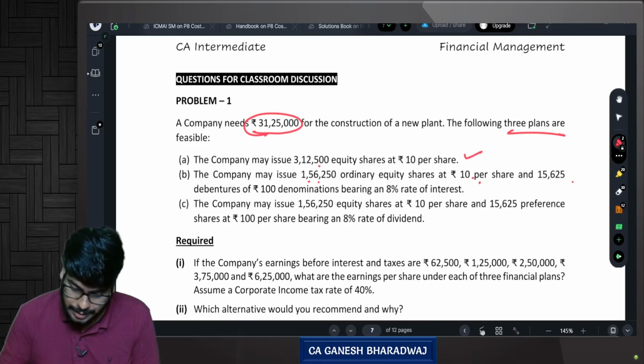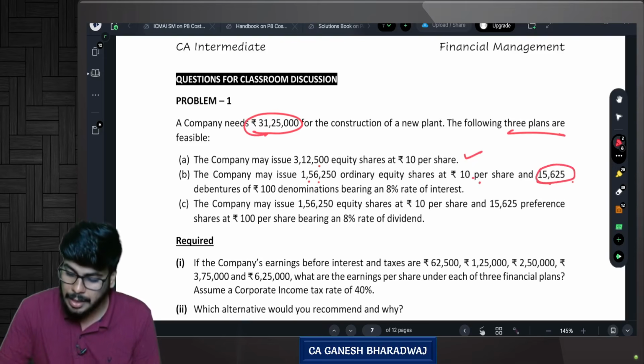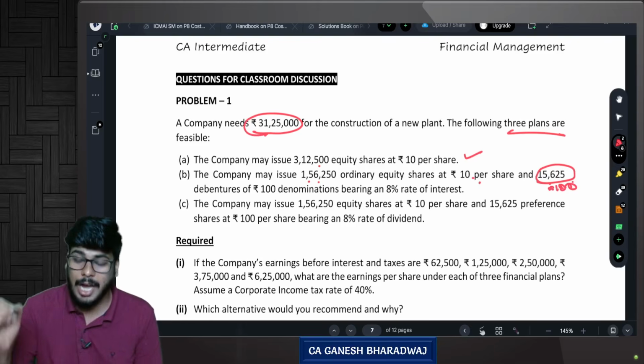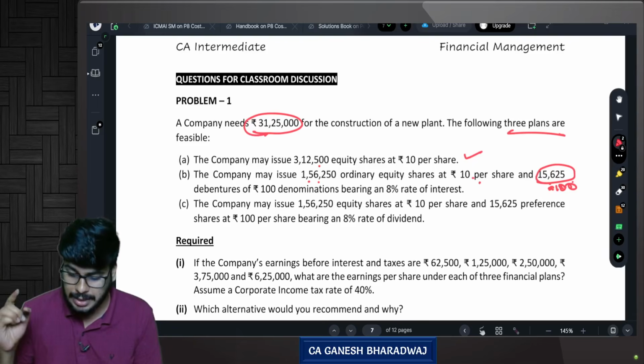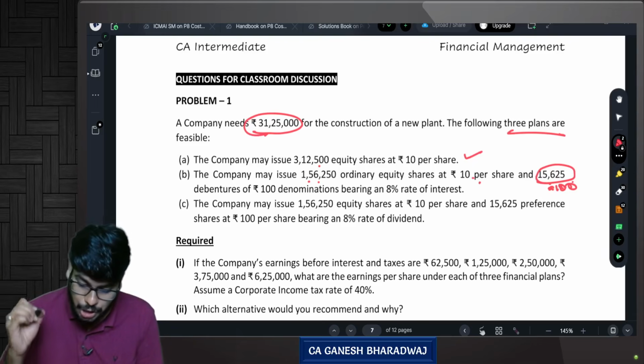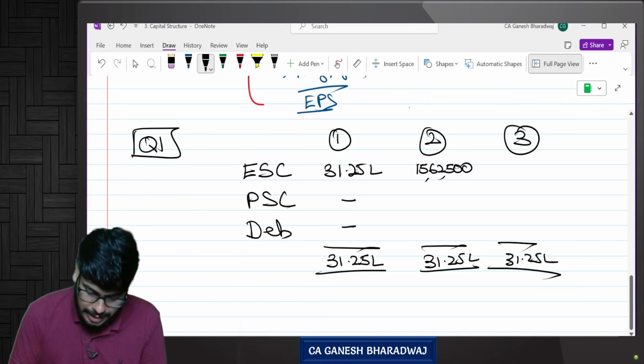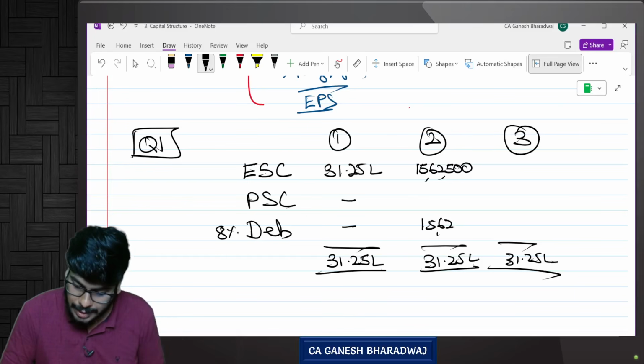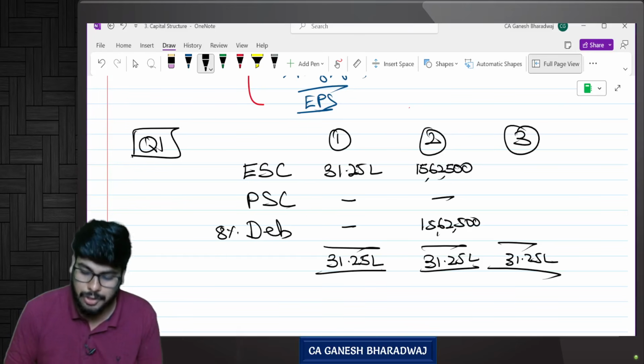And then what they are saying, the balance is 15,625 debentures of 100 denomination each. So the balance 15,62,500 rupees should be raised by way of debt. So they are saying 8% debt, you raise the remaining amount of 15,62,500, and nothing should be raised from preference.